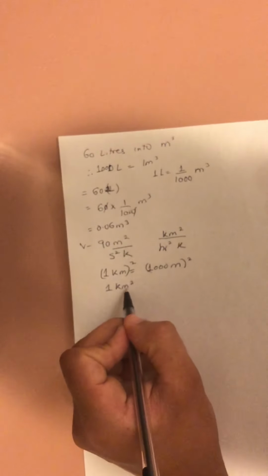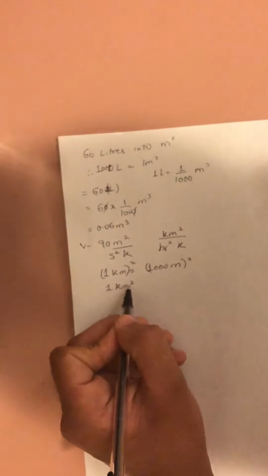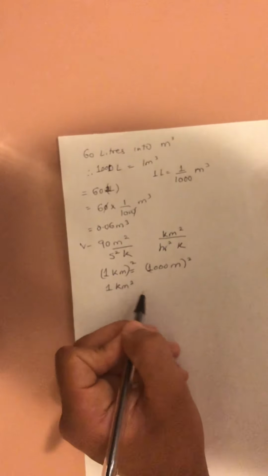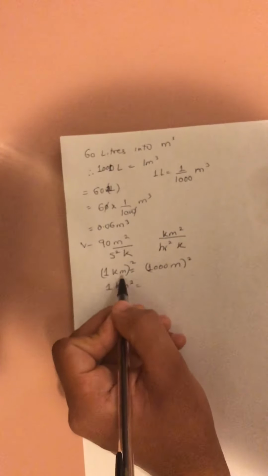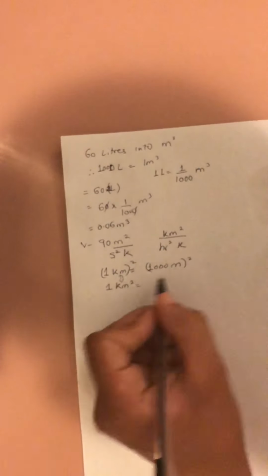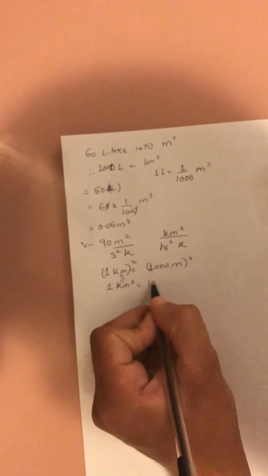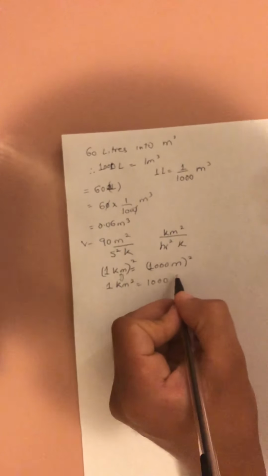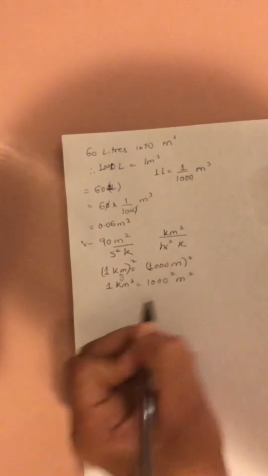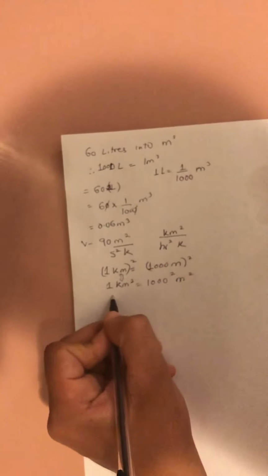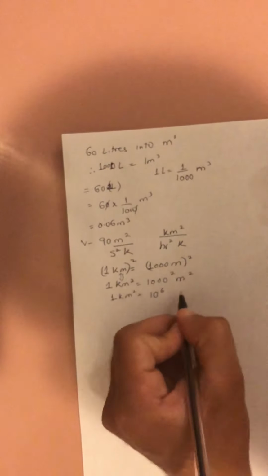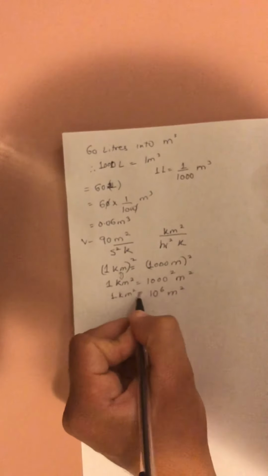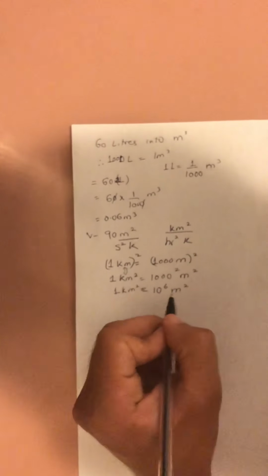Actually, this square is not only on meter square, it's actually on both the kilo and meter, but you represent it in such a way. So this is equal to 1000 square meter square. Okay, so 1 kilometer square is 10 raised to the power 6 meter square. This is the first relation between kilometer square and meter square.